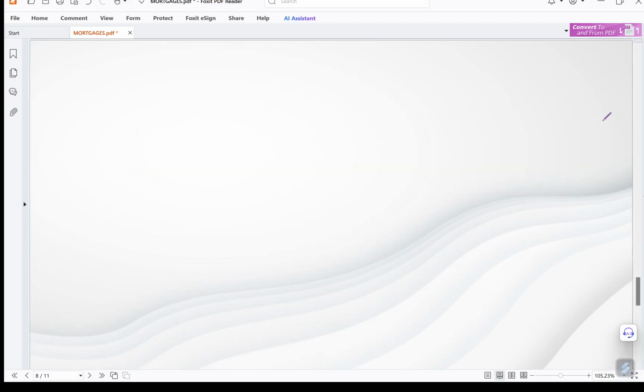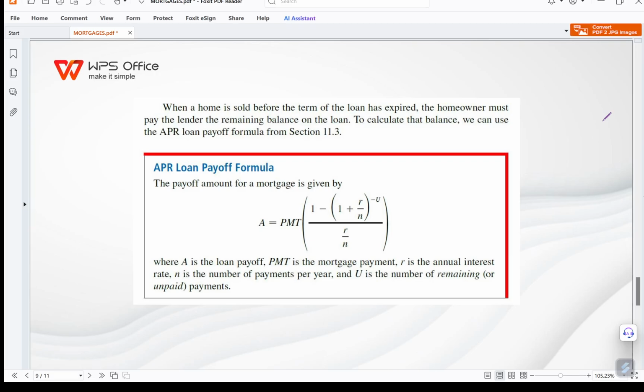So when a home is sold before the term of the loan has expired, the homeowner must pay the lender the remaining balance on the loan. To calculate that balance, we can use the APR loan payoff formula from the last discussion. The payoff amount for a mortgage is given by A equals PMT times 1 minus that messy part there, where A is the loan payoff and PMT is the mortgage payment.